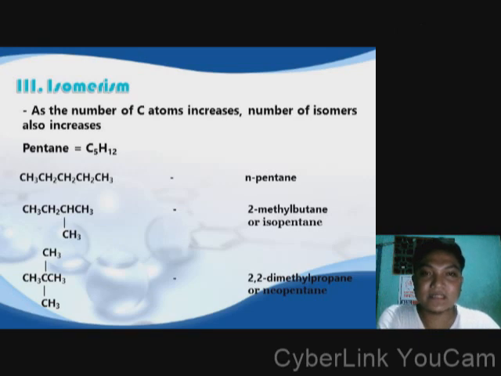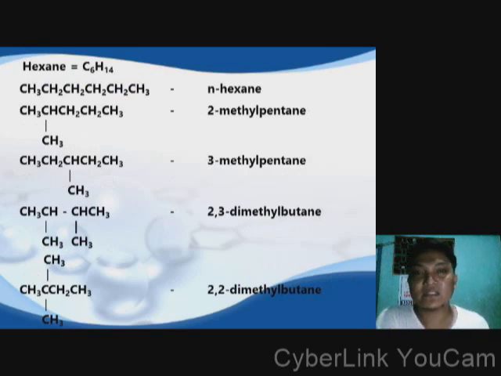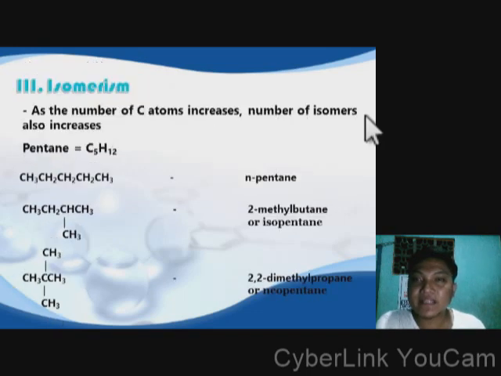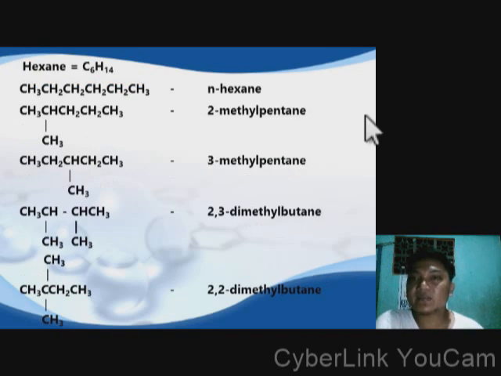Next is your, okay. Sige. So, ilan kanina ang isomer ni pentane? So, meron tayong dalawa. Diba? Dalawang isomer ni pentane. So, si hexane, ilan naman tayo? So, kanina is dalawa. Sa hexane, meron na tayong 4. So, that proves also na sinasabi nila as the number of carbon increases, the number of isomer also increases.